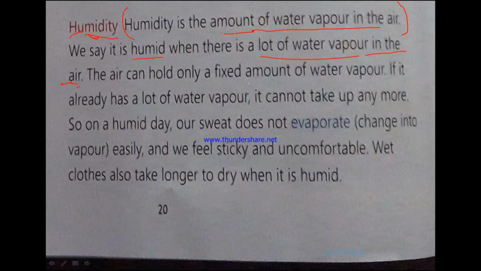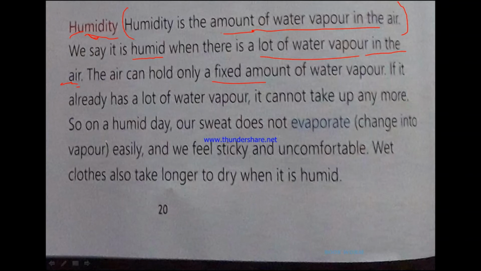After a certain time the air is unable to hold any more water vapor. The amount of water vapor that the air can hold is fixed. If it already has a lot of water vapor, it cannot take up more. When the highest capacity of the air to contain water vapor is reached, it cannot take up any more.